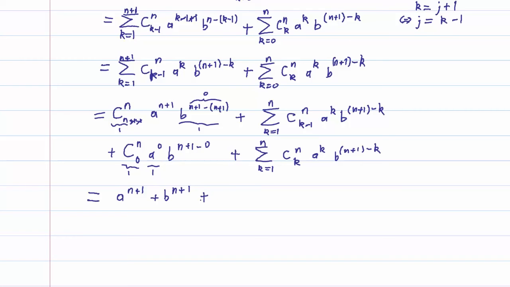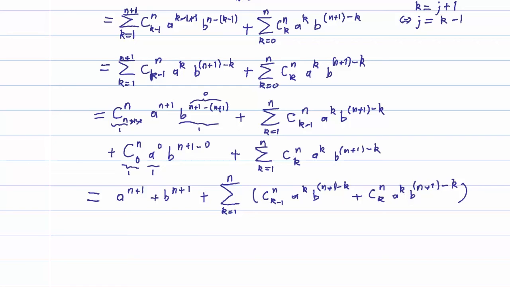Plus, and we have two sums that go from k equals 1 to k equals n. So we can group them together and have a big sum from k equals 1 to n. In that sum we'll have C(k minus 1, n) a^k b^(n plus 1 minus k), plus, and then we'll have the bottom part here, C(k, n) a^k b^(n plus 1 minus k).